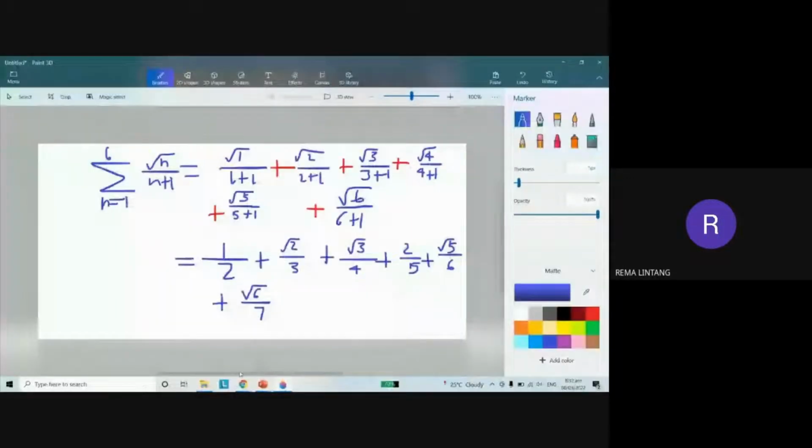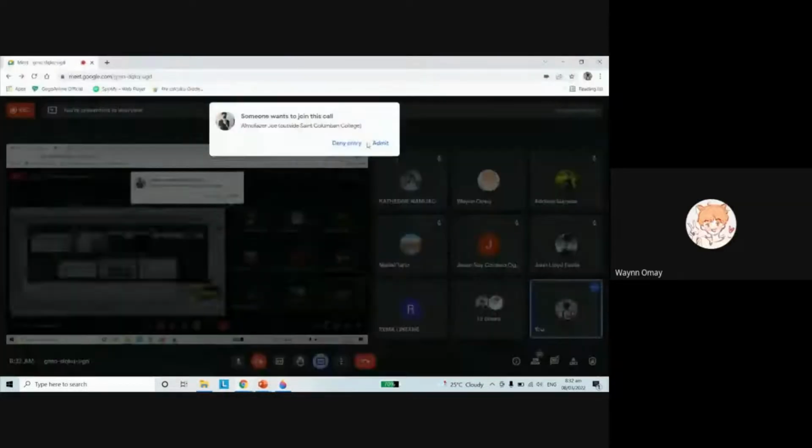Katong pag-solve na nato, sir, pilit-pilit. Karon madunggan na rin mo tarong akong voice karon. Yes, sir, madunggan man imong tingog, sir. Pero ang pag-solve ra dito, nagpilit-pilit ra, sir. Karon dili na chapi karon. Dili na, sir.